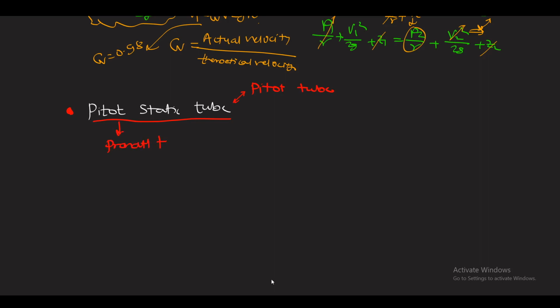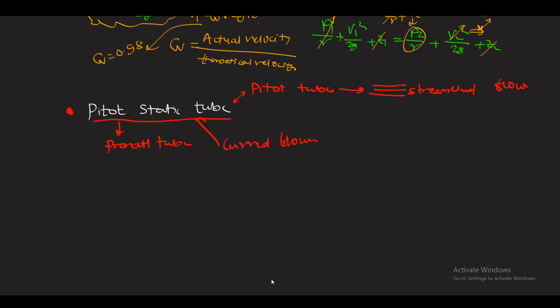The pitot tube is used only when there is a streamline flow, and when there is a curved flow or curved streamlines, in that case we use the pitot static tube.